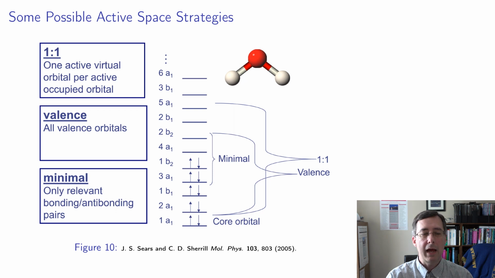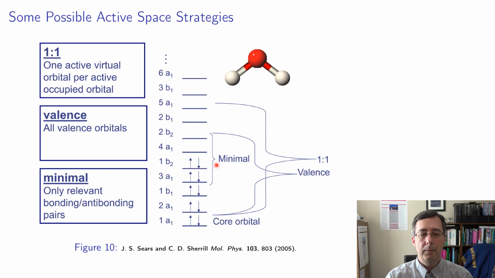Let me just outline some possible strategies so you get an idea of how people could go about this. Here's a water molecule, here's a molecular orbital diagram. The water molecule is a C2V molecule, so the irreducible representations are A1, B1, A2, B2. You occupy 3 A1 orbitals, a B1 orbital, and a B2 orbital.